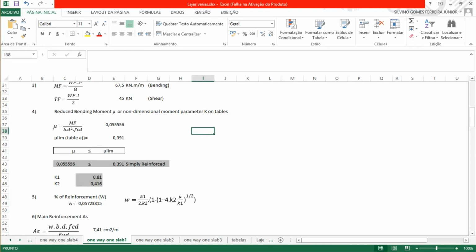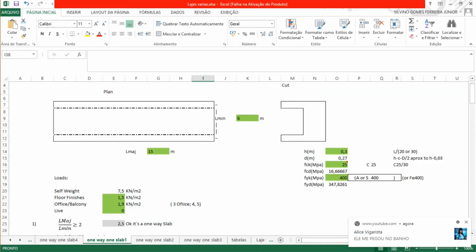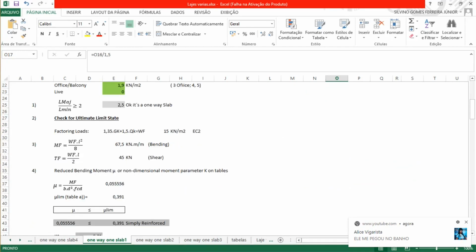So we can calculate and compare with the mil, that is the K that are in tables on British codes and many other codes. We calculate this, I call it mil, you can call it K. So here it's equal to the factoring moment divided by B, multiplied by the effective depth elevated by 2, multiplied by FCD of the concrete, 16.67 megapascal.